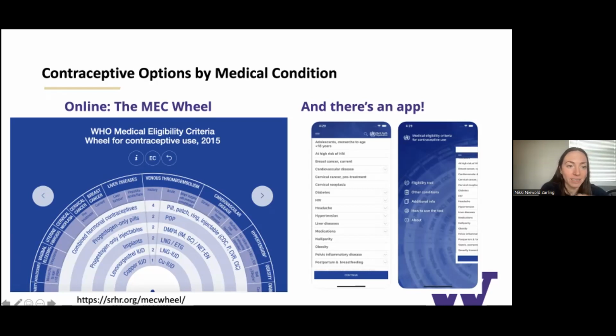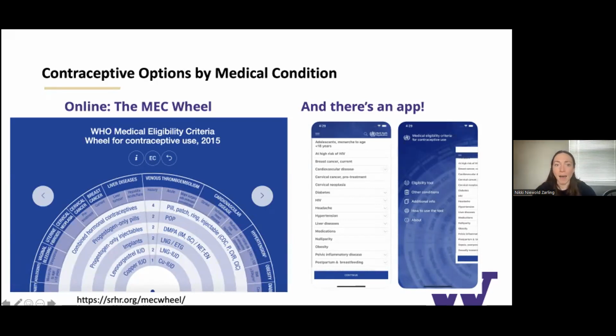If you press these arrows, you move back and forth between medical conditions, and it says via these numbers what the relative contraindication to different contraceptive options is. So you can see here a history of venous thromboembolism. A copper IUD has no contraindications, while a combined oral contraceptive is a strong contraindication, or a level 4.